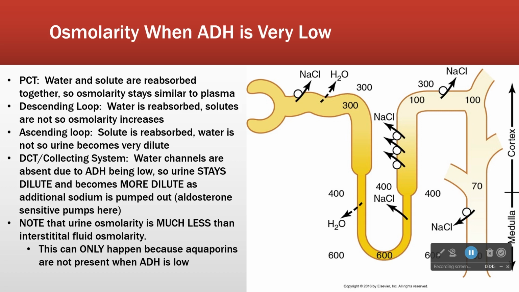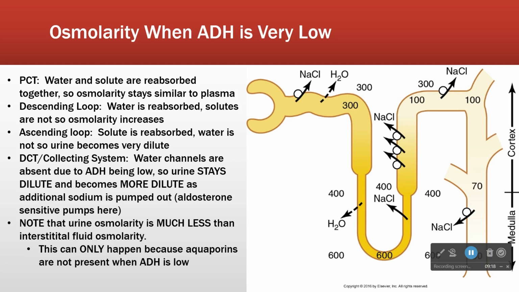All right, now we're going to make the bend around and head up, the ascending loop now. As we go up the ascending loop, we have a bunch of sodium reabsorption. Remember, the thick part of the ascending loop is where we get the biggest effect. So the fluid, which is concentrated by the water leaving, as it goes up, is then diluted by the solute being pulled out, right?